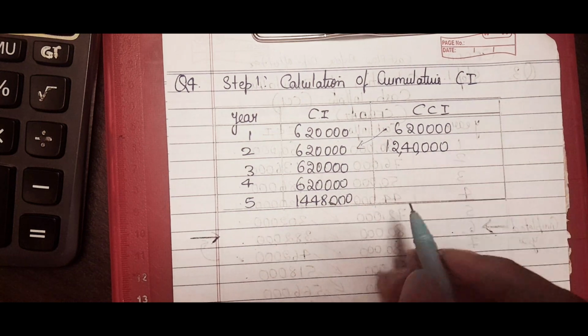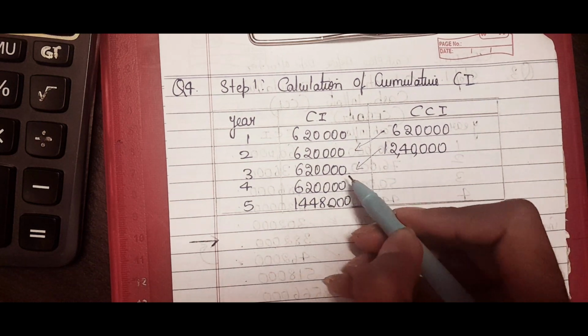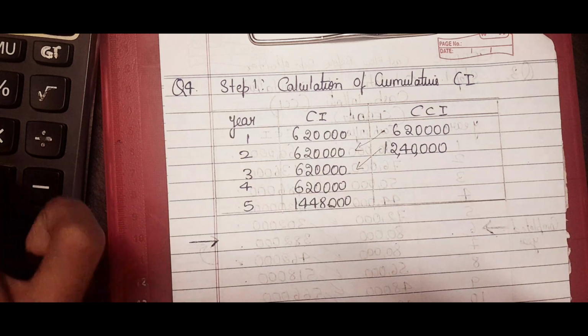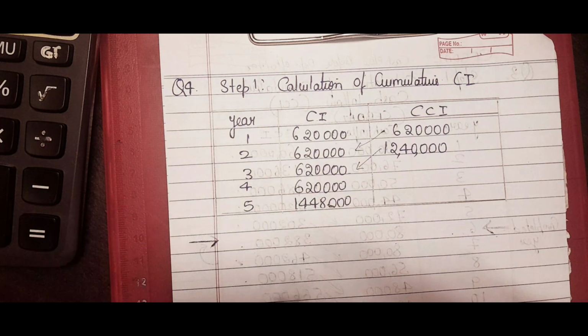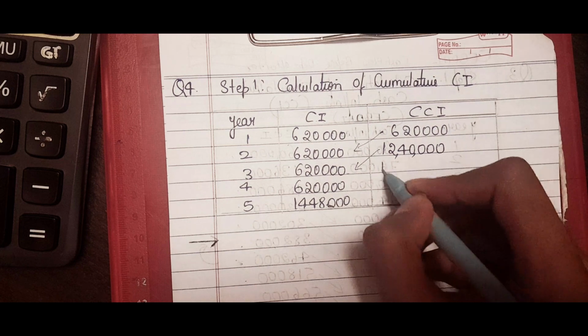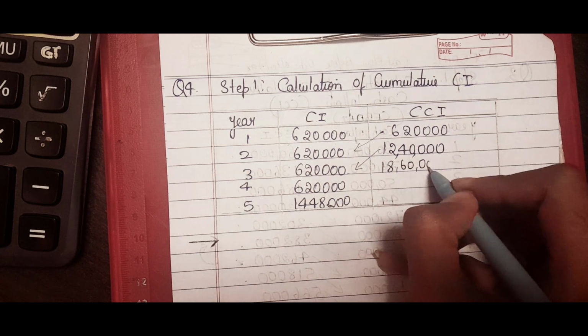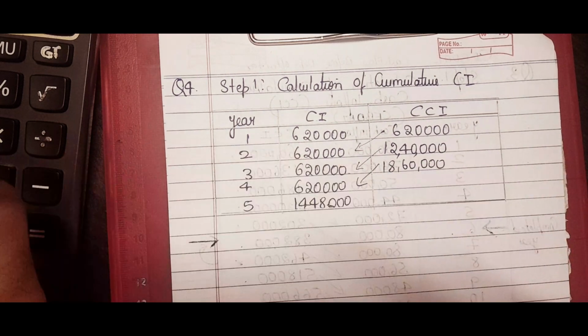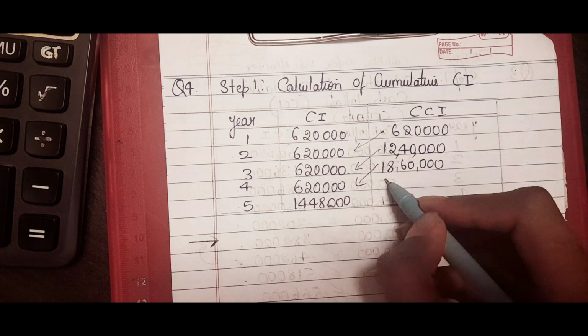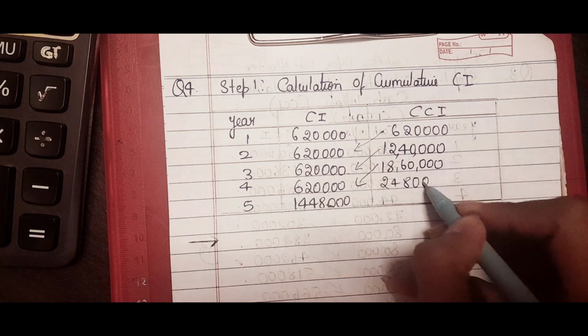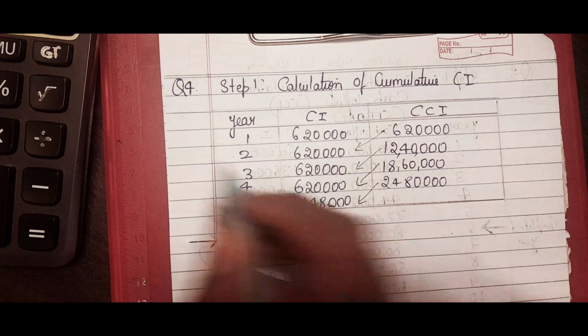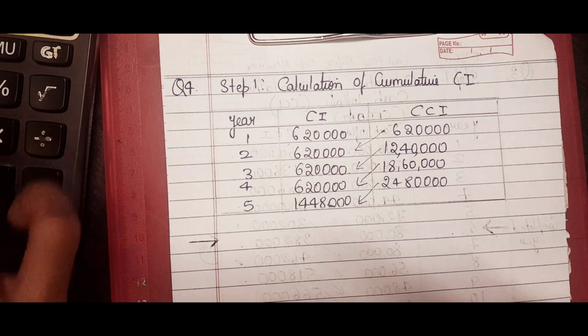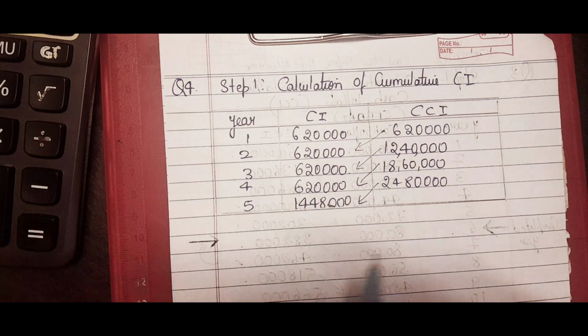Now for this 12,40,000 again you add 6,20,000, it will be 18,60,000. For this again you add 6,20,000, it will be 24,80,000. For this again you add 14,48,000, it will be 39,28,000.